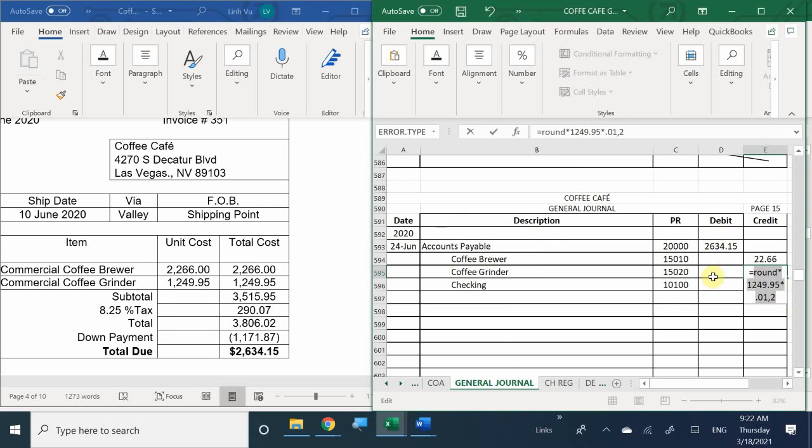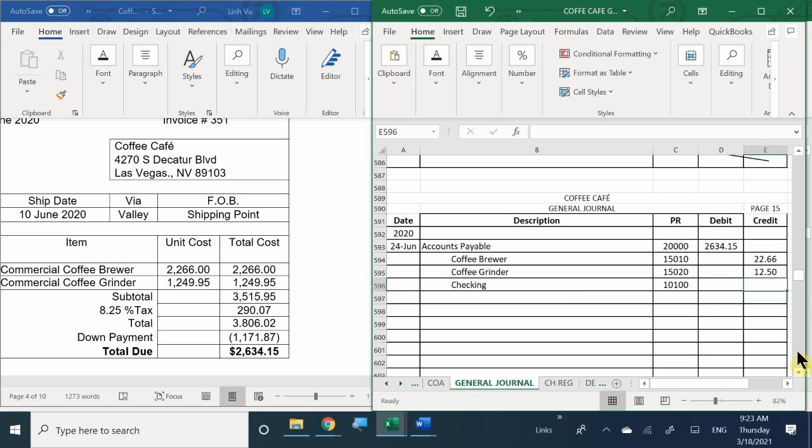Okay, I see my mistake. Here we are. For $12.50.